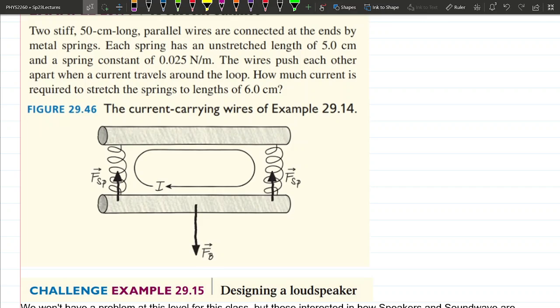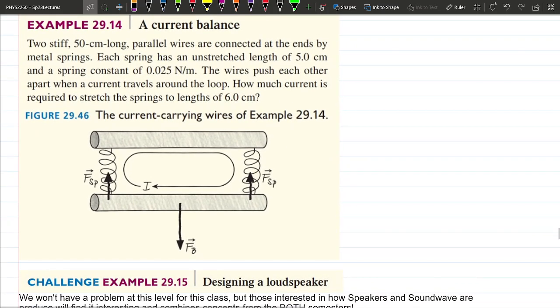I highly suggest you go through this example yourself. Let's say I'm standing on top of this. What will happen is that it'll compress these two springs, and that actually changes the size of the magnetic force between the two. By measuring that change in the magnetic force, you can figure out how much weight is on top of the scale itself.